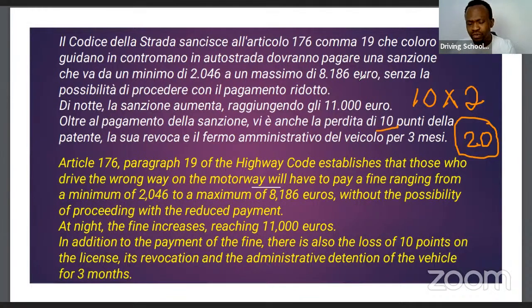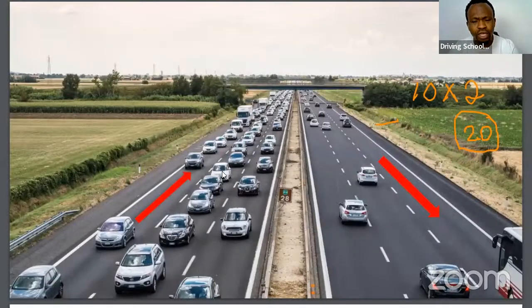Maybe somebody parks in front of a dustbin, and they are not able to take the dustbin, then they will call vigilance to tow that vehicle. But this one, let's imagine a road like this. You have somebody that is going in the opposite direction.